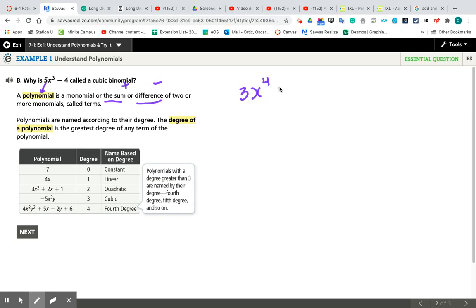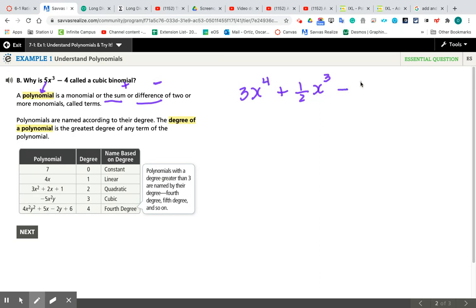So I could have something like maybe plus 1/2 x to the third power. Notice the exponent is a whole number. I don't care about this number. This number here can be any real number, but the exponents need to be whole numbers, 0, 1, 2, 3, 4, and so on.